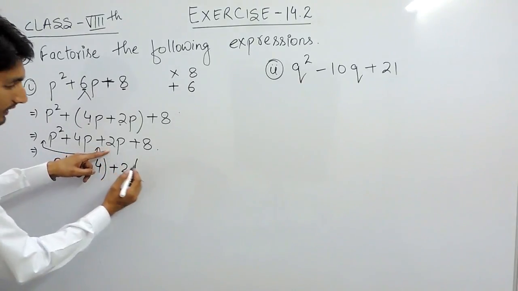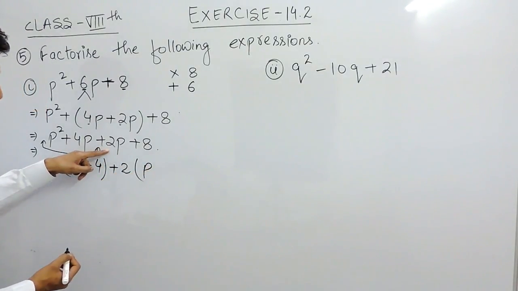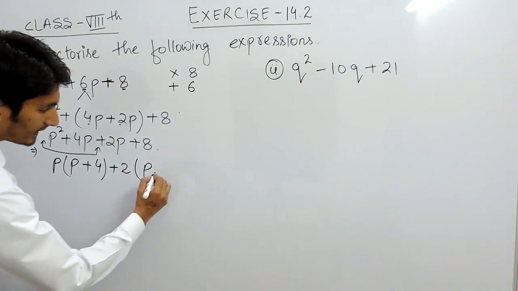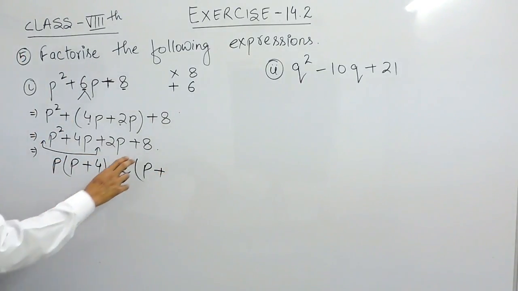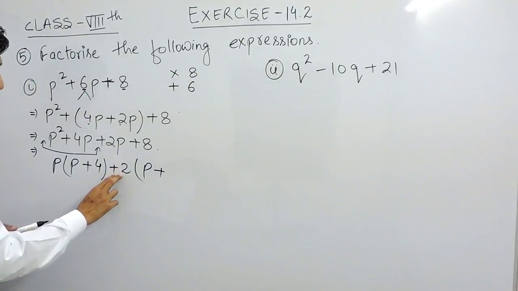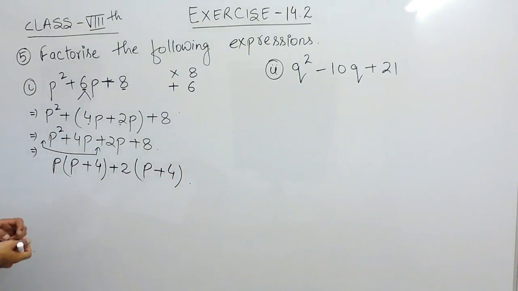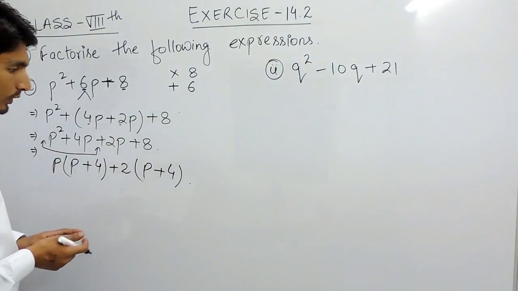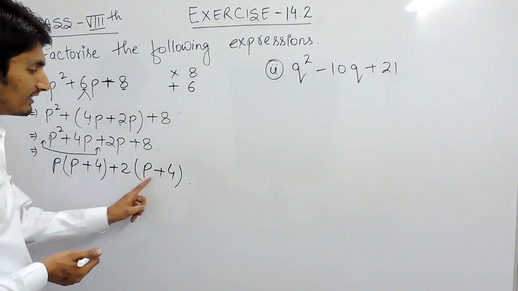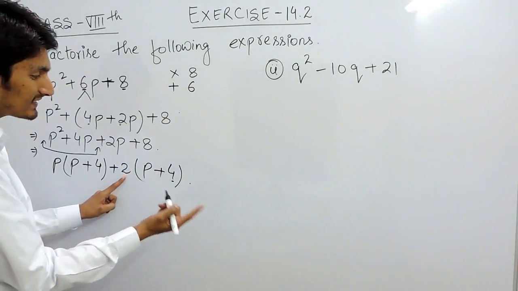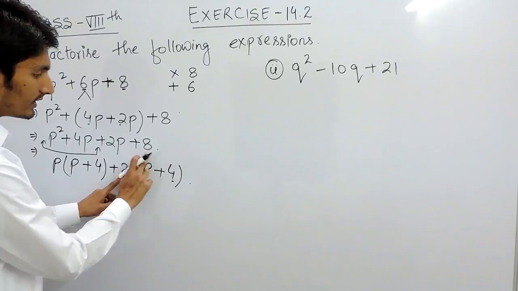So from 2p, if 2 is taken out, only p will remain inside the bracket. And from 8, if the factor 2 is taken out, only another factor 4 will remain inside the bracket. One thing is important, you are taking factors. So when you take 2, it should be 4, not 6, because 2 into 4 is 8.